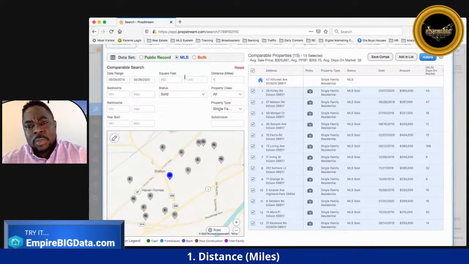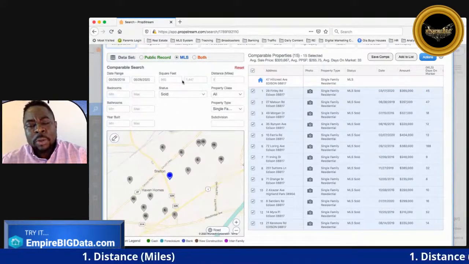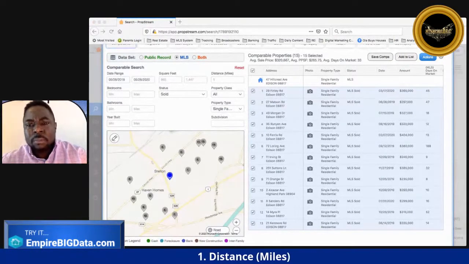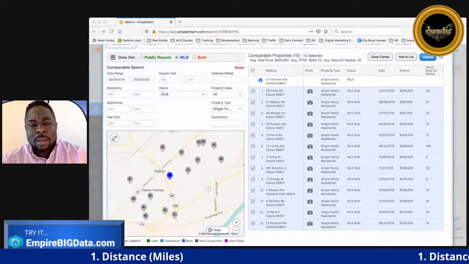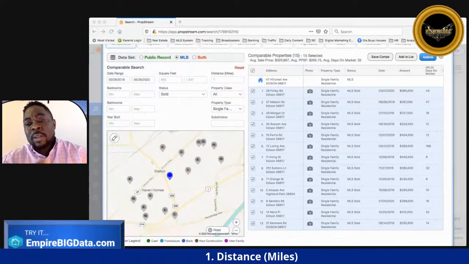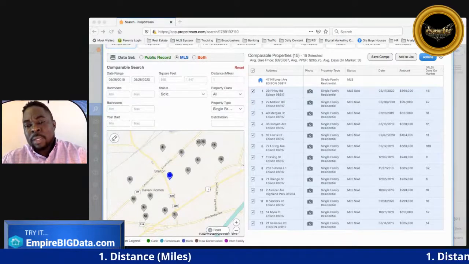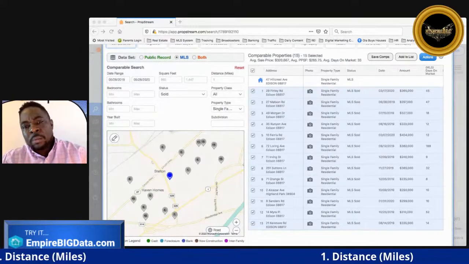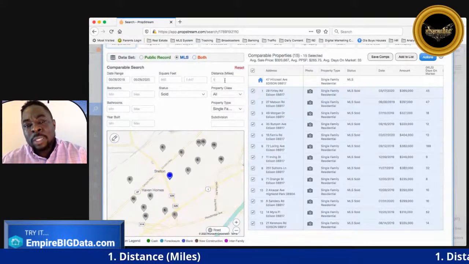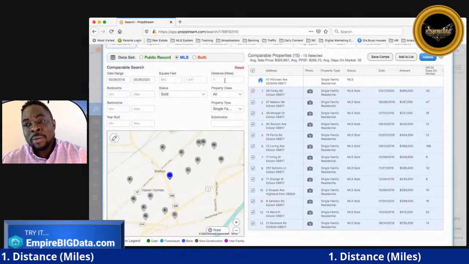I don't touch the square footage. I really don't. The reason why is because remember what I said earlier: most neighborhoods have the same type of houses. If there's an exception, I will see it at some point and I will reevaluate. But generally, I don't even touch the square footage because most of the houses that will come within 1 mile radius are probably about the same size.